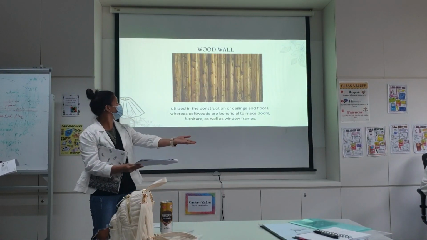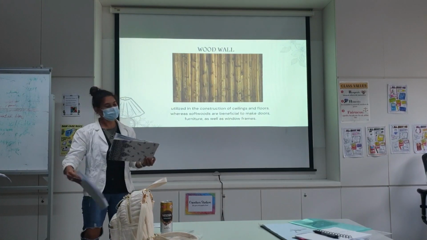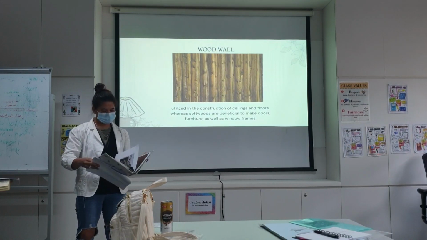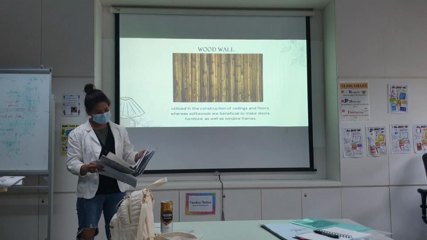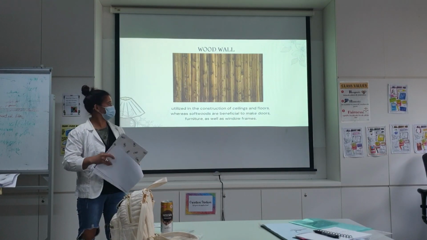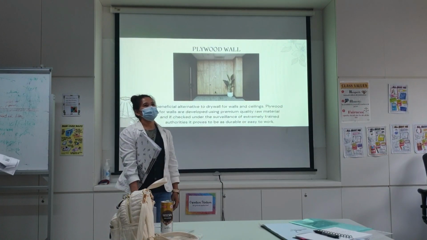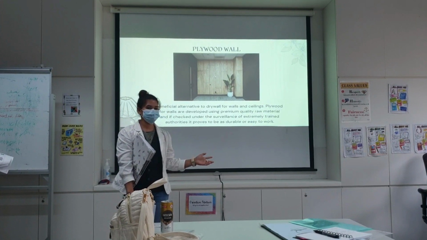Next is wood. Wood is utilized in the construction of ceilings and doors, and some woods are beneficial to make doors, furniture, as well as window frames. Wood will also be used when we go to the beach, like in the swimming toilets.